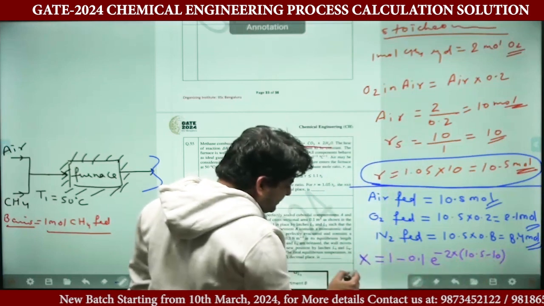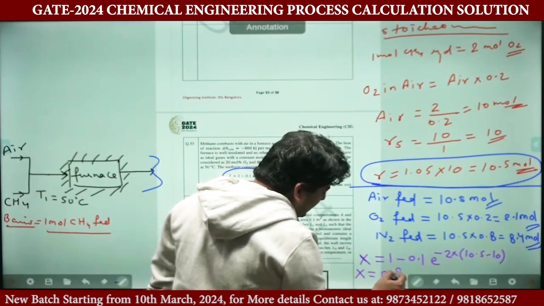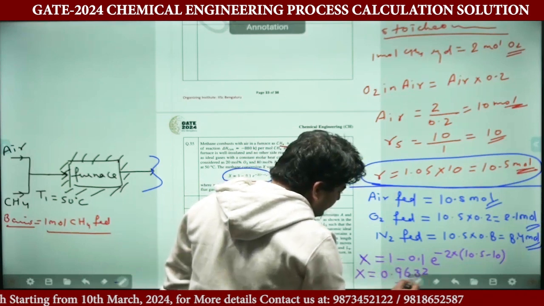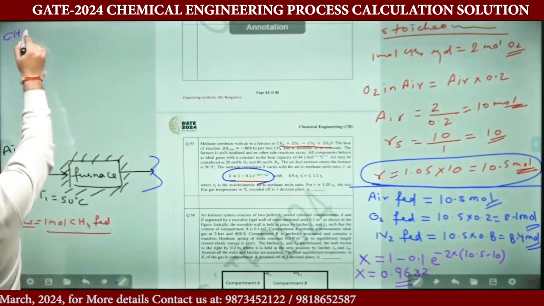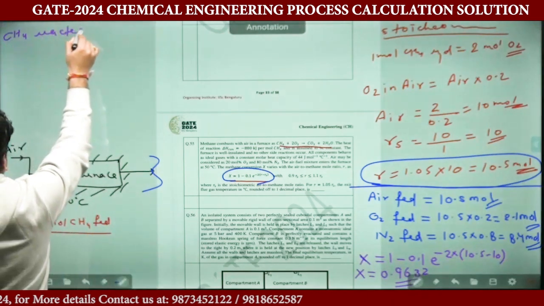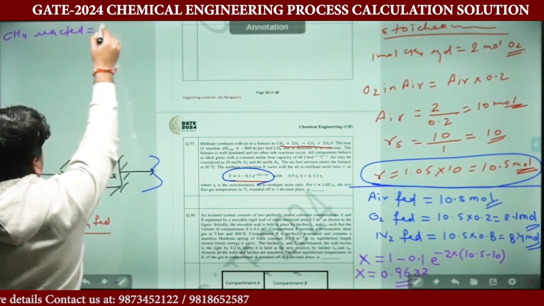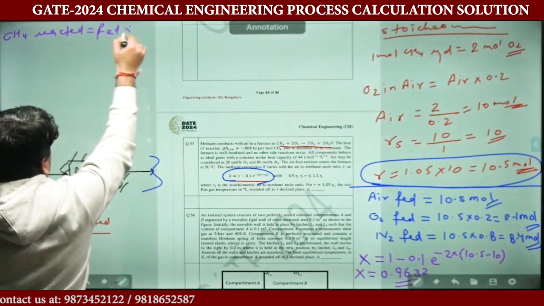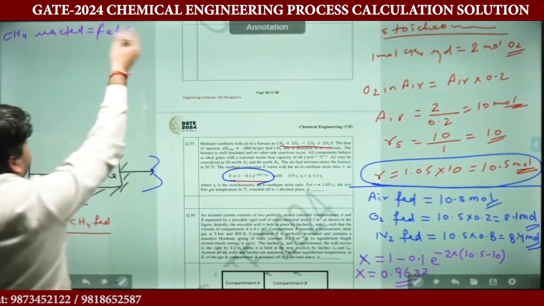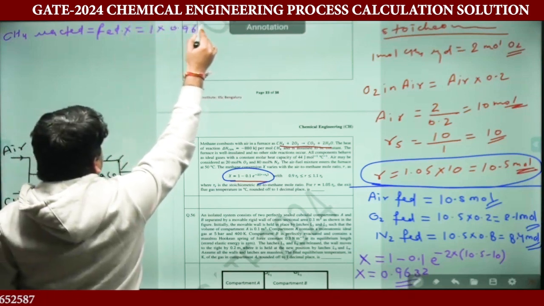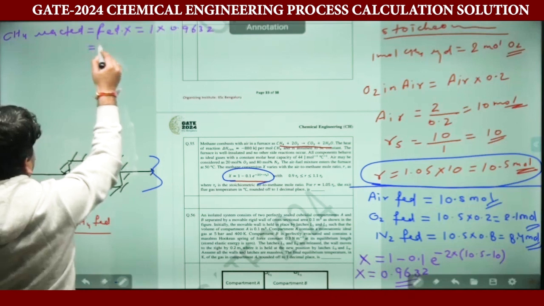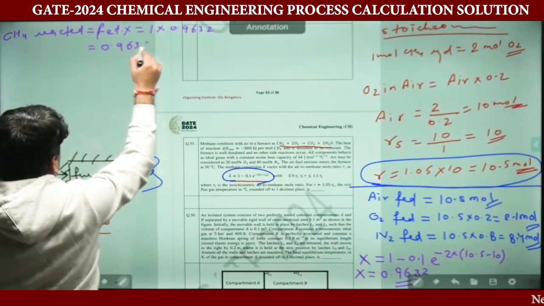So when you solve this, you will get X equal to 0.9632. So that means amount of CH4 reacted will be fed into conversion. Fed is 1, conversion is 0.9632. So CH4 reacted will be 0.9632 mole.